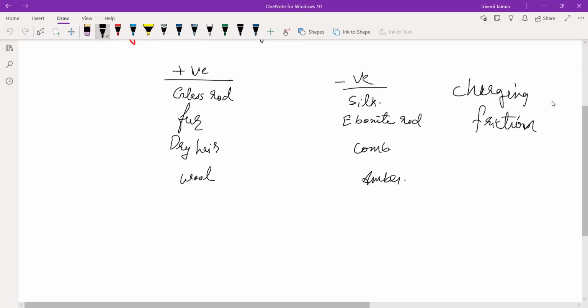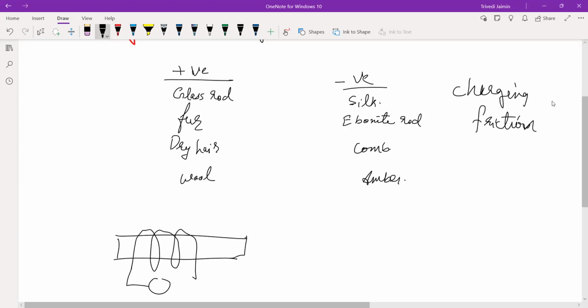Next one is charging by induction. Charging by induction, in the sense that, if you remember, you studied in 10th standard, electromagnetic induction. In that, we were taking one insulated coil, and I'm connecting a wire here with the galvanometer.